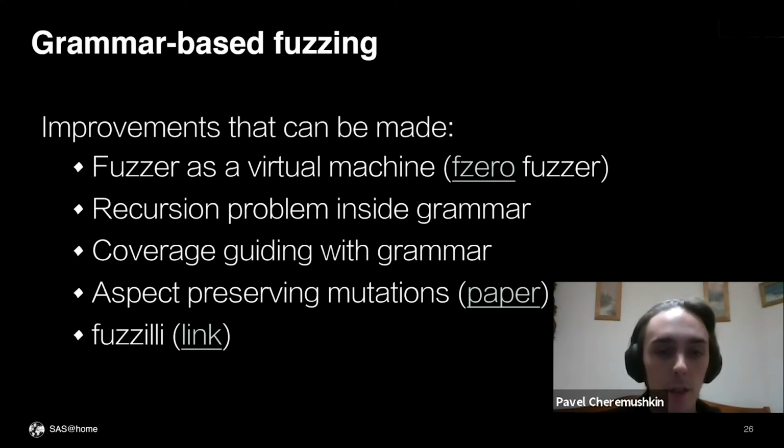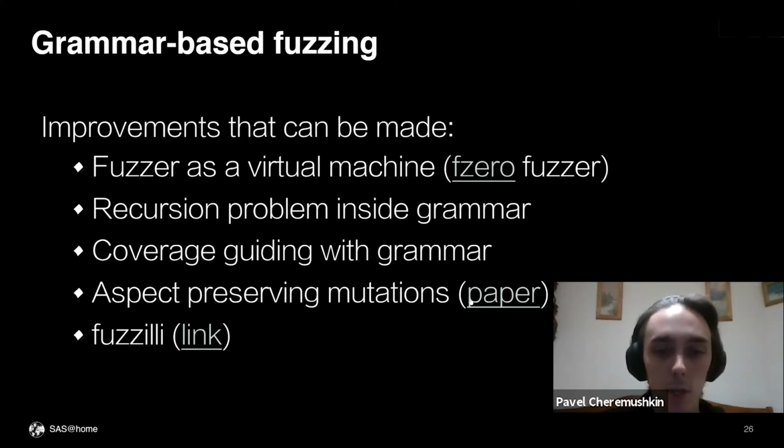But for now, let's just say that you may collect some pieces of code that have been covered by your fuzzer, and you may guide your fuzzer towards covering more and more interesting parts of code.